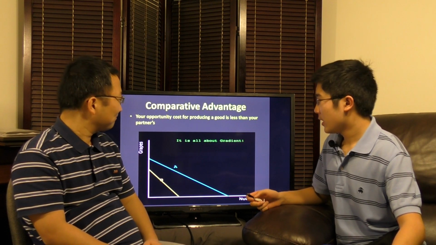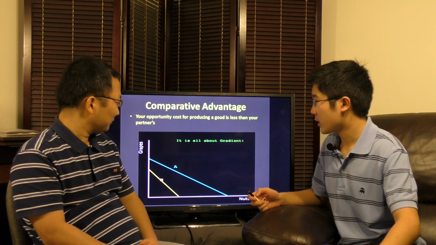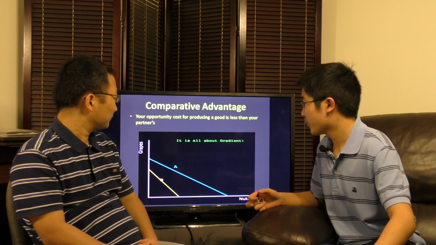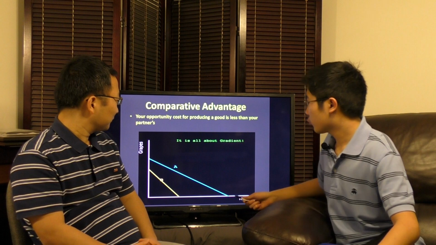A less steep slope, or a smaller slope, represents a smaller opportunity cost, which represents more likelihood of comparative advantage. We see here country A has the absolute advantage in both grapes and nuts.